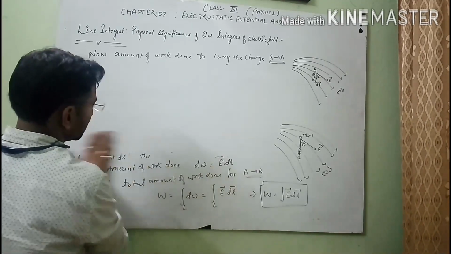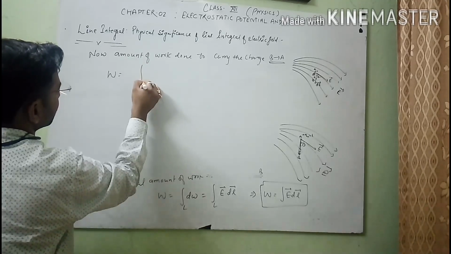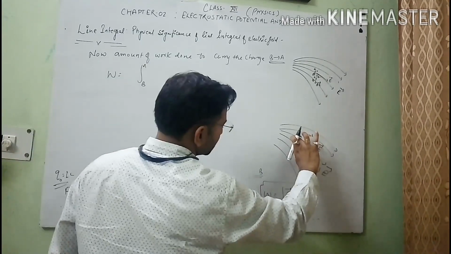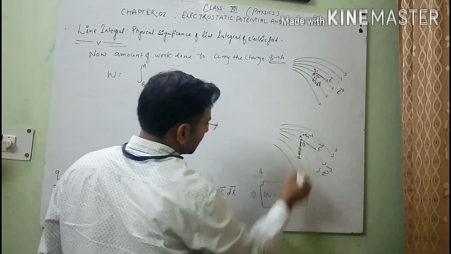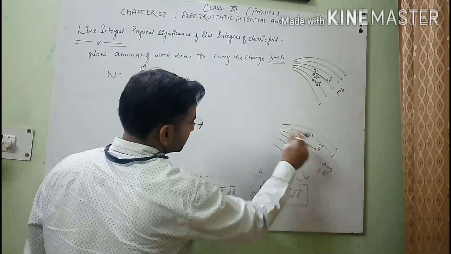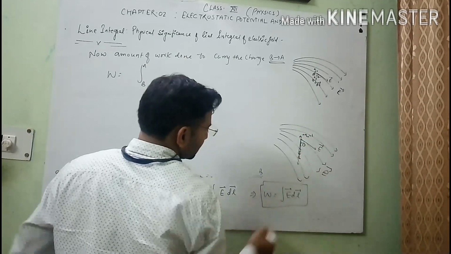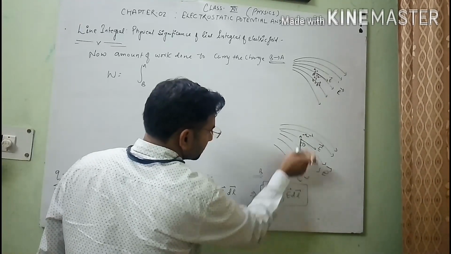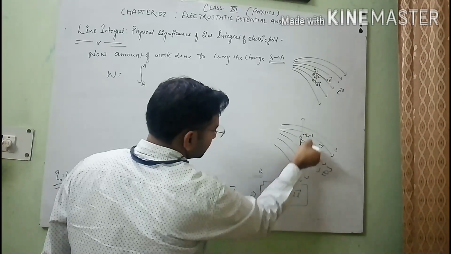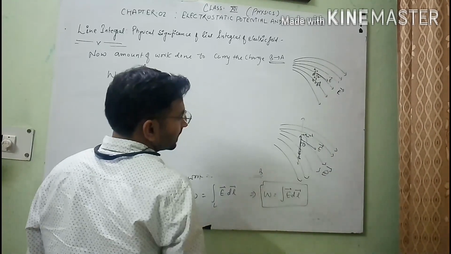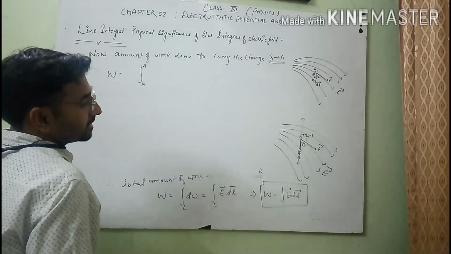AB is a displacement, because I divide this distance AB into small elementary displacements. So here the direction is AB initially. Now we are carrying the charge from B to A. It is just opposite to AB, in this direction. That time the angle between them is 180 minus theta. So we can say that cos(180 minus theta) is minus cos theta.